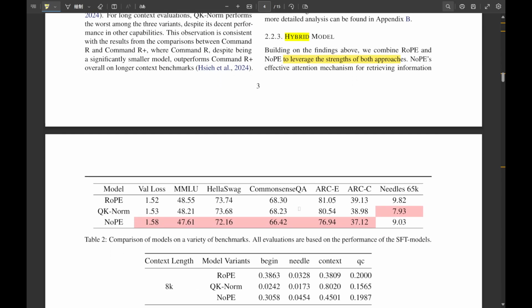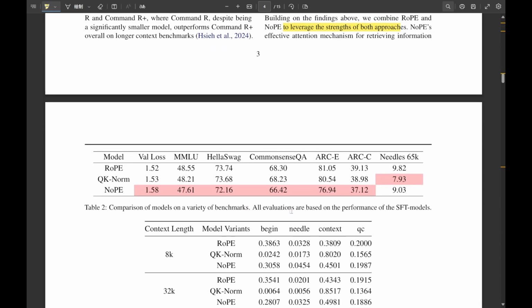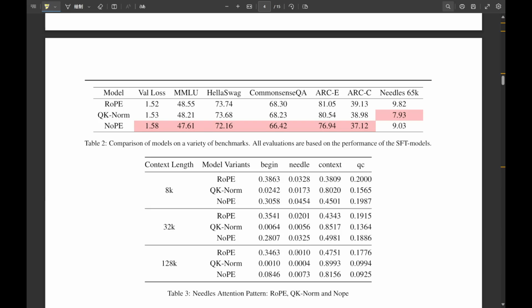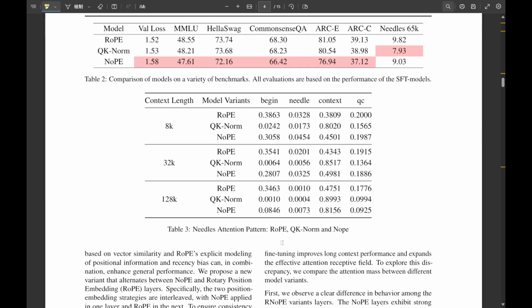And QK norm? QK norm performed the worst, by a noticeable margin. This was a really critical early clue that something about QK norm, despite its stability benefits, was actively interfering with long context retrieval.